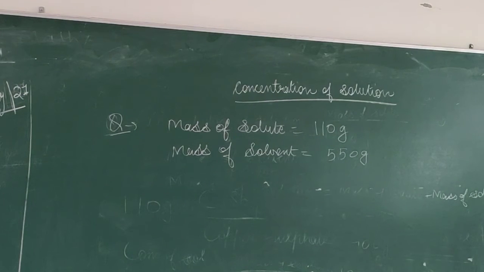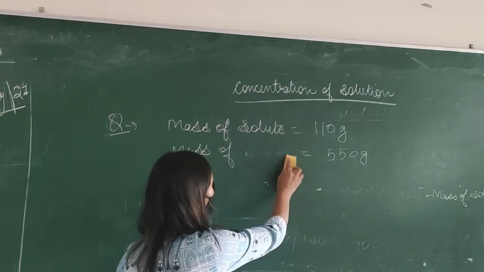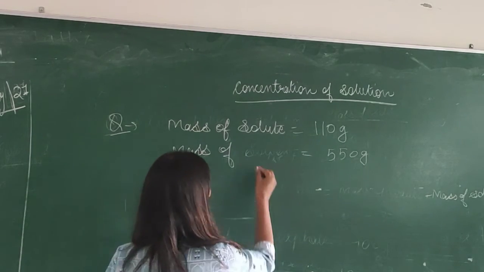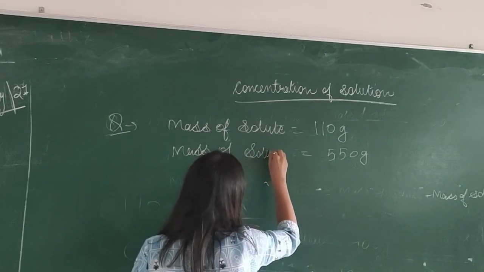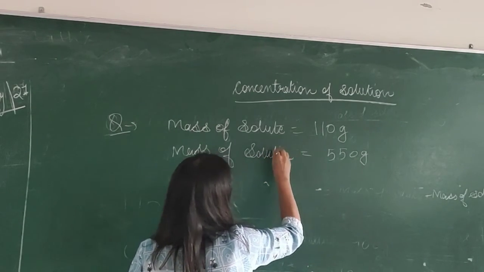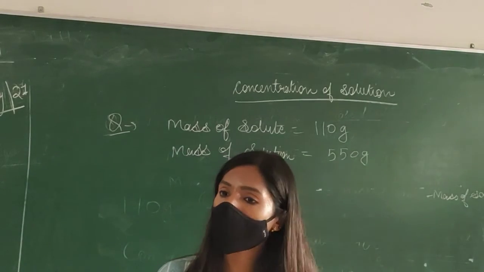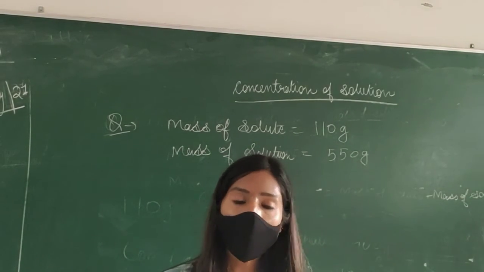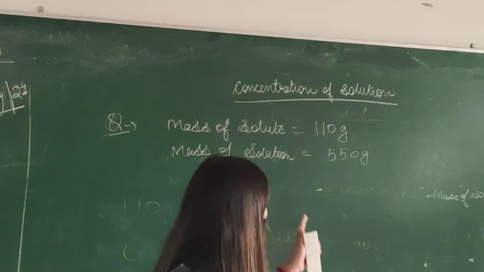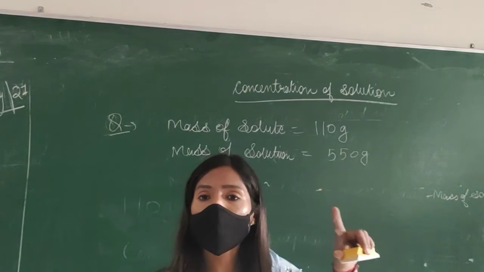It says that if 110 grams of copper sulfate is present in 550 grams of solution, so that is not the mass of solvent, but it is the mass of the solution. That means they are saying that we have 550 grams of solution overall, and in it the amount of solute is 110.